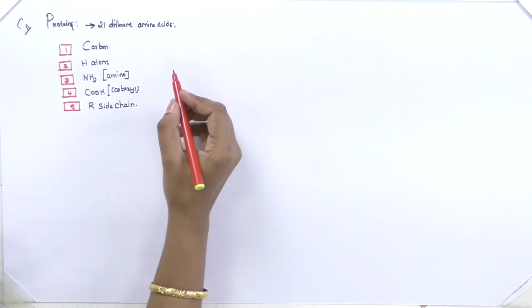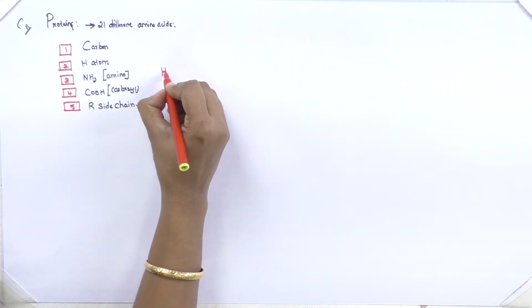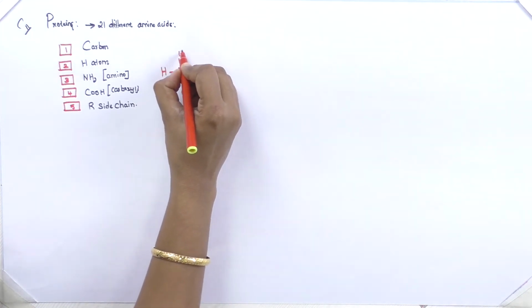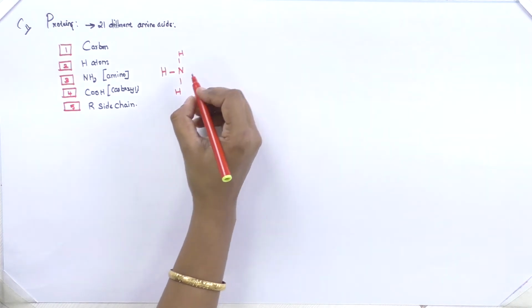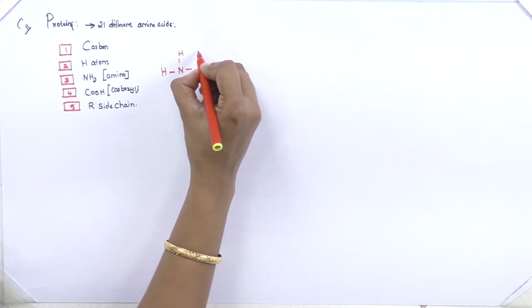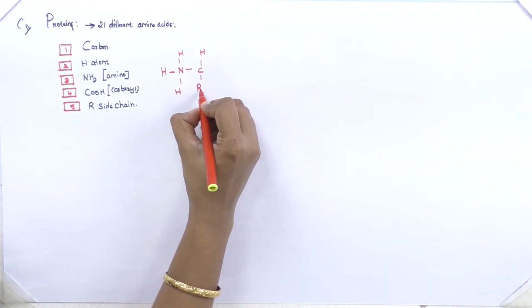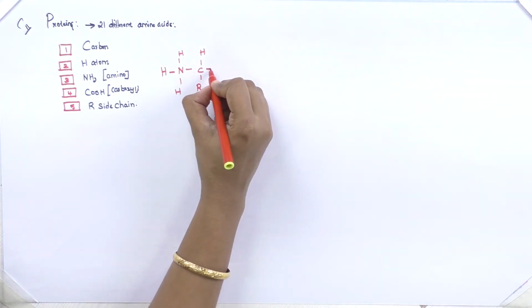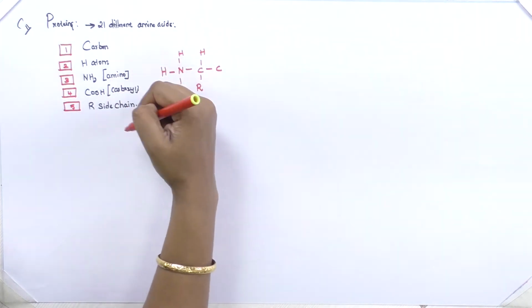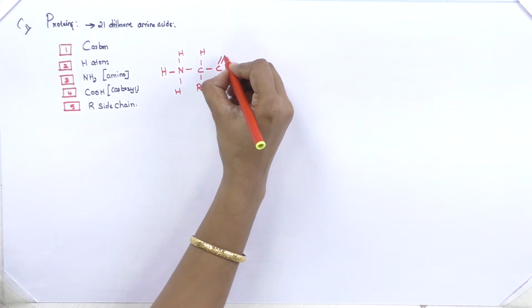So the formation of the group will be like this: H, N, H, H, which is nothing but your amino group, followed by C, H and R, that is your side chain, which is incorporated along with your major structure. Then next comes the carboxyl group.